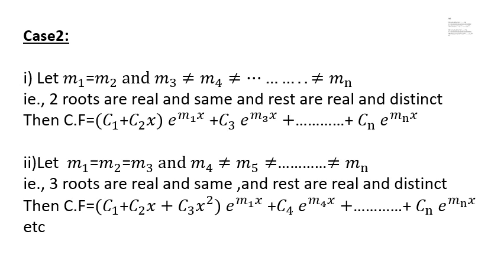They are different numbers. In this case, the complementary function rule is, write CF equal to, inside the bracket, C1 plus C2x plus C3x square, outside the bracket e to the power m1x, plus C4 e to the power m4x plus C5 e to the power m5x plus ... plus Cn e to the power mnx.